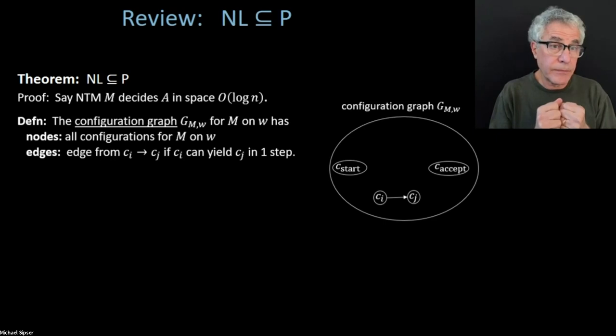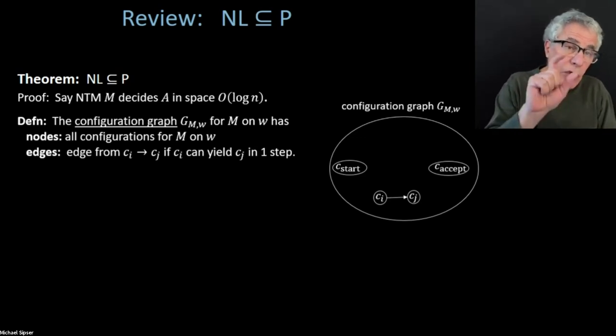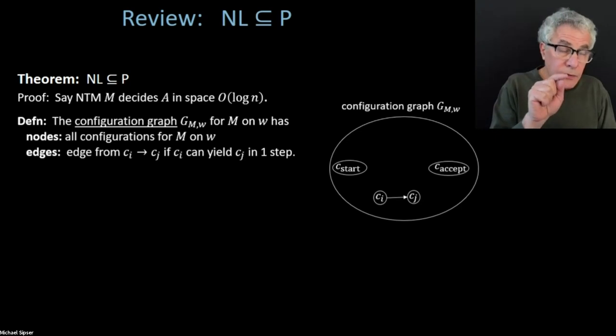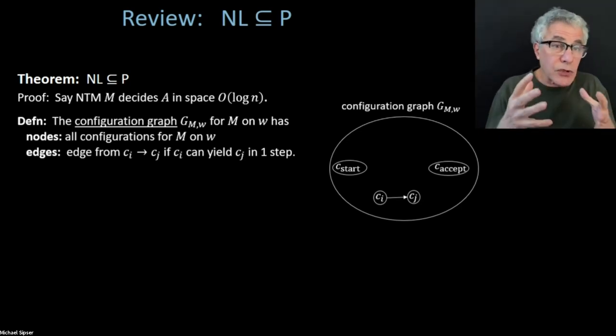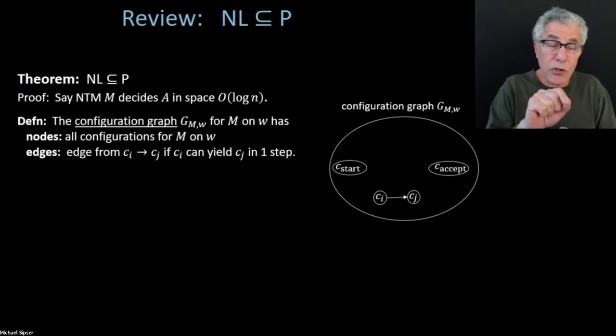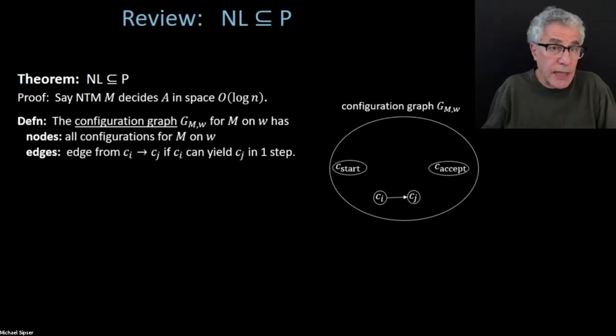There are only polynomially many configurations, so you can write them all down as the nodes and then look at each pair of nodes to see whether this configuration could lead to that configuration. It's a non-deterministic machine, so a configuration could have several different outgoing edges from a particular node, representing several different legal successors in the non-deterministic computation.